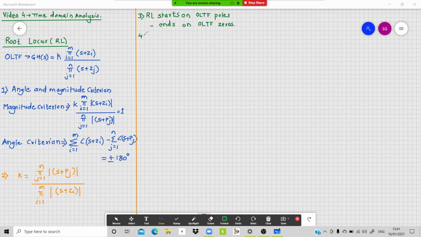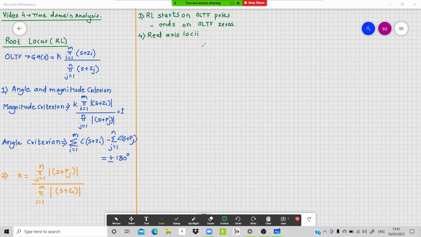Then the fourth thing is, I'm talking about all the formulas and the rules that you are going to require for solving the root locus numericals. Real axis loci, means part of the real axis which is the locus, where the poles are lying, right?